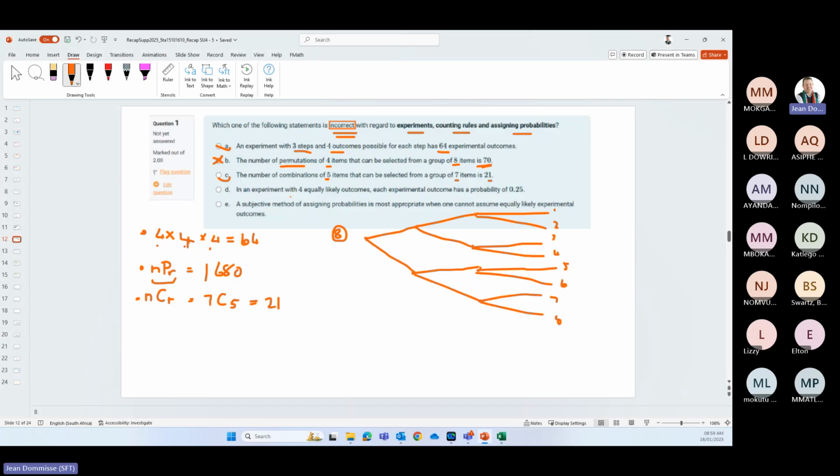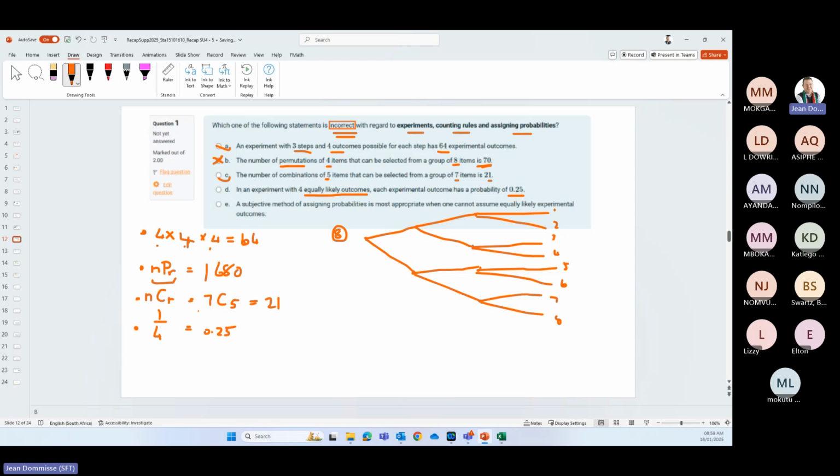So in an experiment with 4 equally likely outcomes, each experimental outcome has a probability of 0.25. Okay, so you basically have 4 outcomes. They're all equally likely. So it will be 1 divided by 4, which will give you the 0.25.